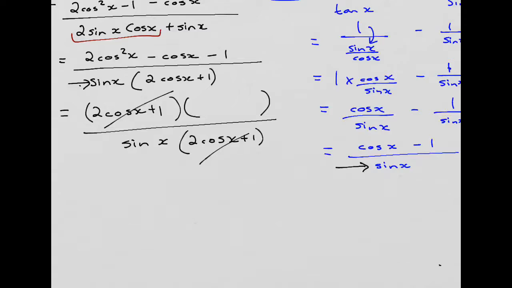But I know in my final answer I must have that cos x minus 1. So it's already been factorized for me. I just need to use the information. So my trinomial will factorize into 2 cos x plus 1 and cos x minus 1, and then our 2 brackets top and bottom will cancel, and we'll be left with cos x minus 1 over sine x.